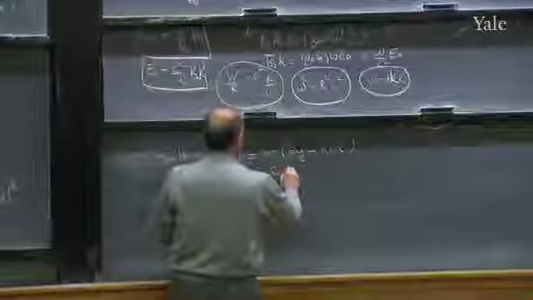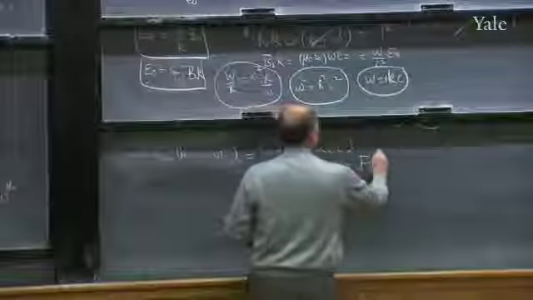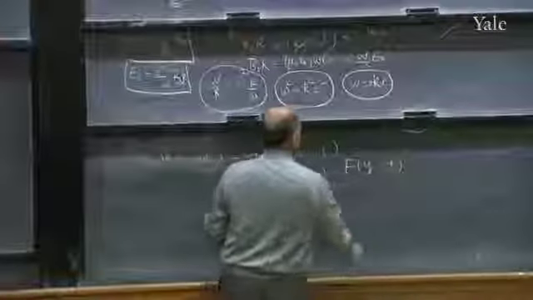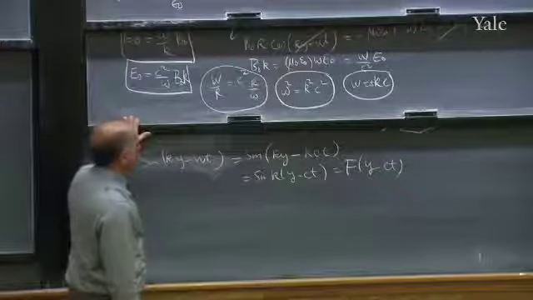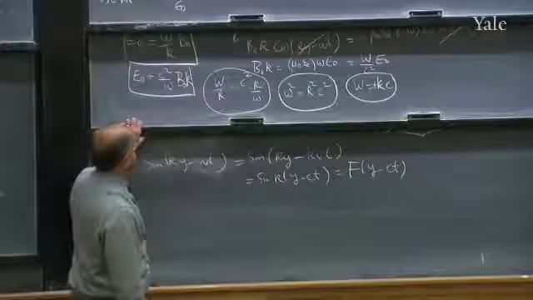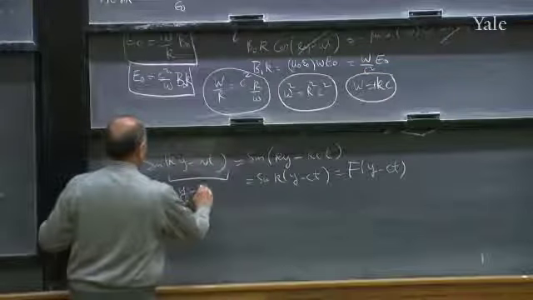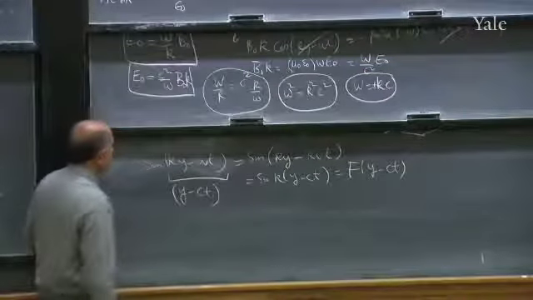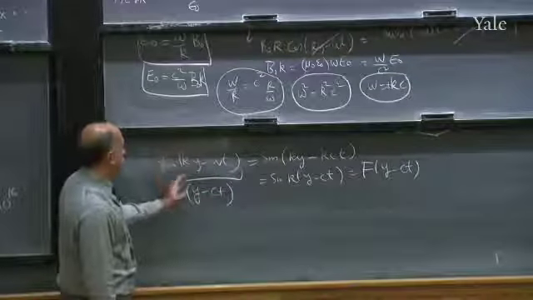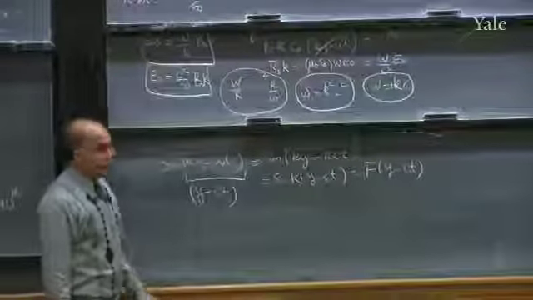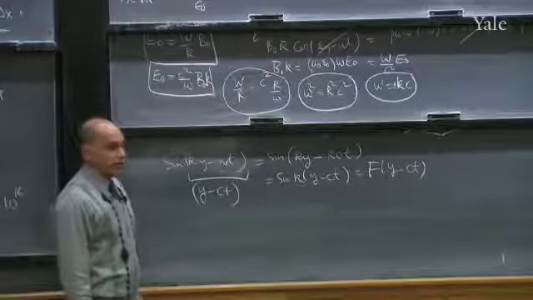That becomes sine of k times (y minus ct), which is a function of y minus ct. In other words, we knew this was going to happen because the wave equation says the function should be a function only of y minus ct. That will happen if omega equals kc. You see that if omega equals kc, you pull the k out, you get y minus ct. Or you can have y plus ct, but my solution was y minus ct.